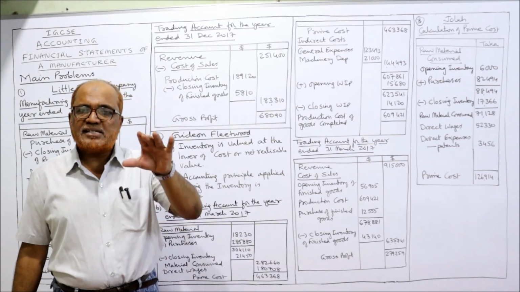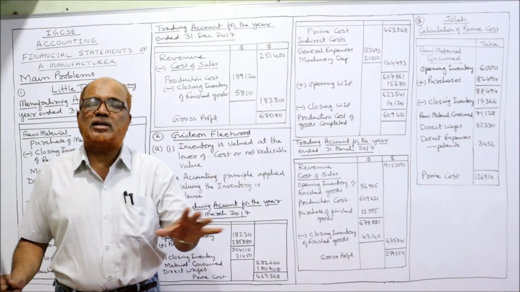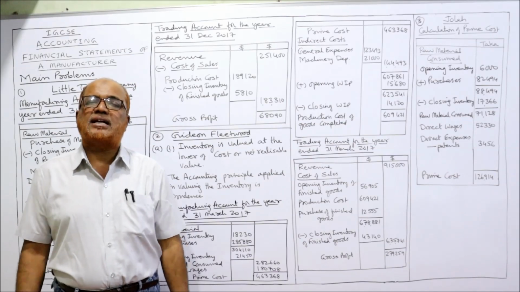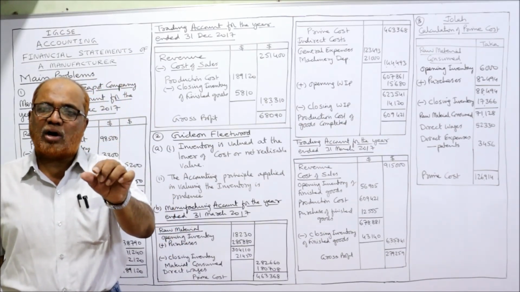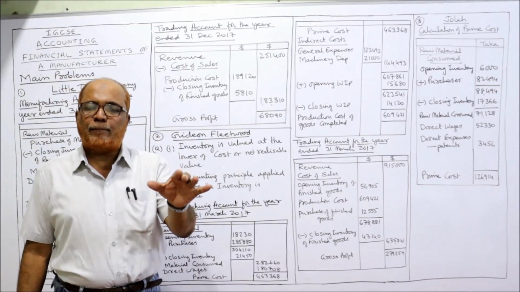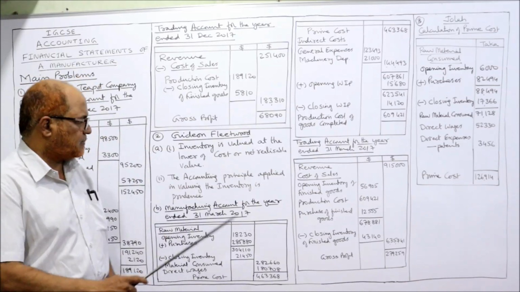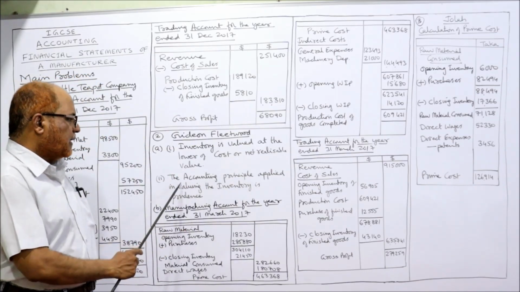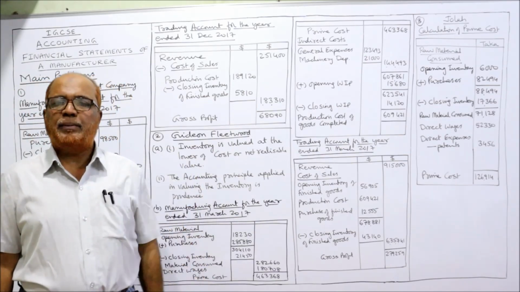That means if there is an expected loss, provide for the expected loss, but don't record expected gain. So the accounting principle applied in valuing the inventory is the prudence concept. The first A and B bit is completed.